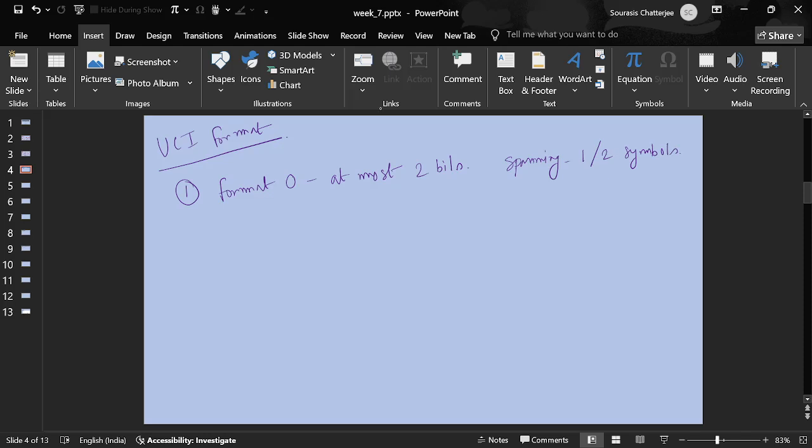And what is the immediate example we can see for this one? Like for format 0, what kind of information can be transmitted? ACK and NACK.